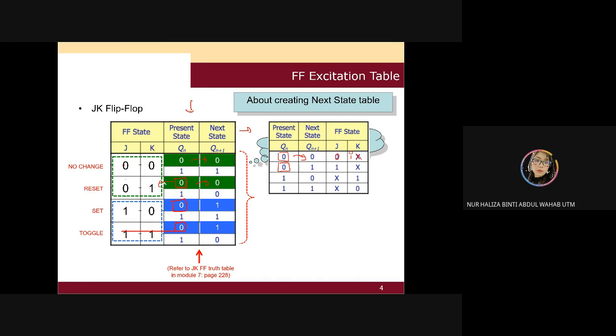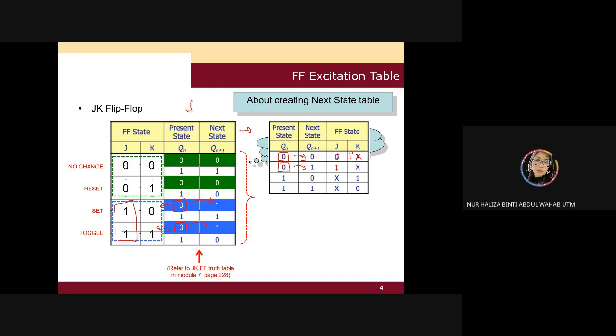Now you're going to move to another one, from 0 to 1. If your previous is 0, your next state will be 1. What will happen? When you have this, you need to have the JK input of these two. So let's take a look. Now your J is fixed as 1. So you just put 1 here.